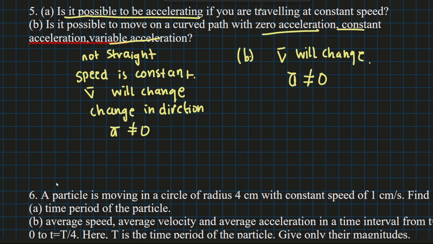And about constant acceleration, we could take the example of a projectile. In a projectile motion, the path is curved, but acceleration is constant, which is g, equal to 9.8 meters per second square.